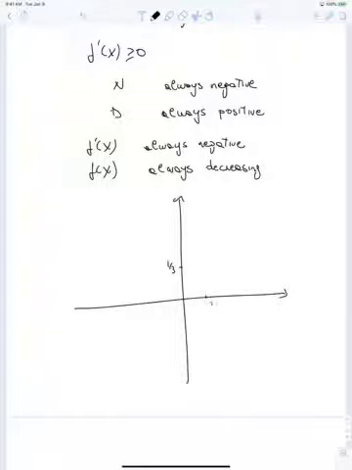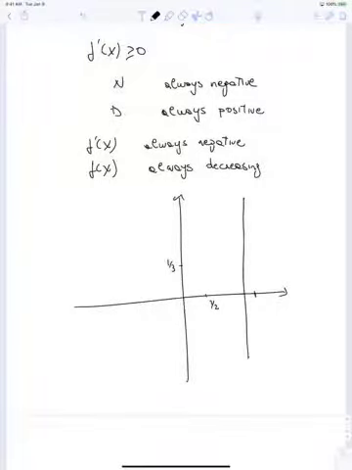Here we have a point where the function changes the sign, 1 divided by 2, and we have an asymptotical value in 3. It's not to scale, but that's fine. And the function is always decreasing. So we know that it starts somewhere here in 2, or close to 2. Then it's going to cross 1 divided by 3, cross 1 divided by 2, and converge to minus infinity here. So essentially we have this kind of behavior here.